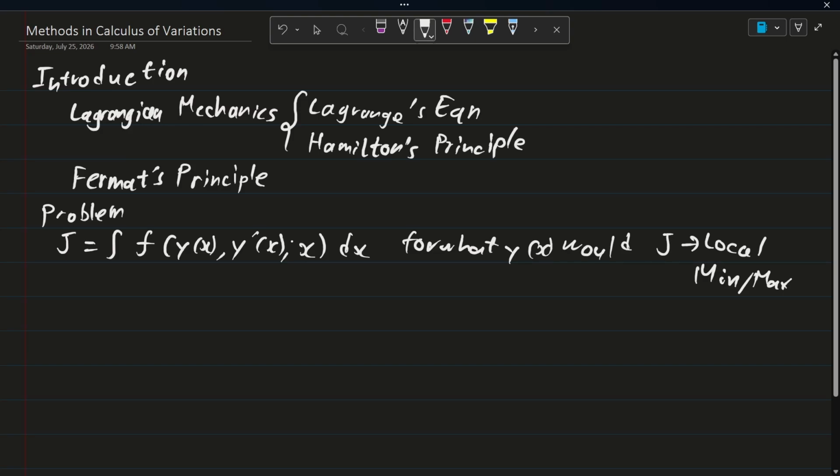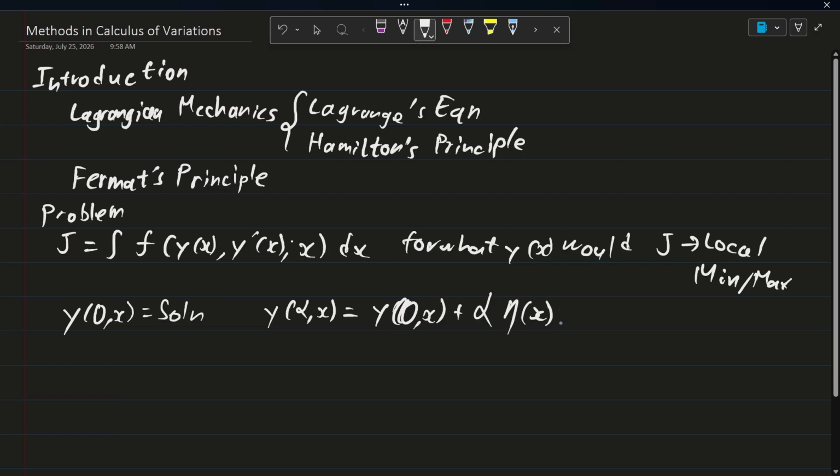So we can try to think of a solution that should exist. If we consider that y0(x) is the solution, we can say that y_alpha(x) is y0(x) plus some error, which is a function of x. This error is going to be 0 at the endpoints, but in between it could vary.